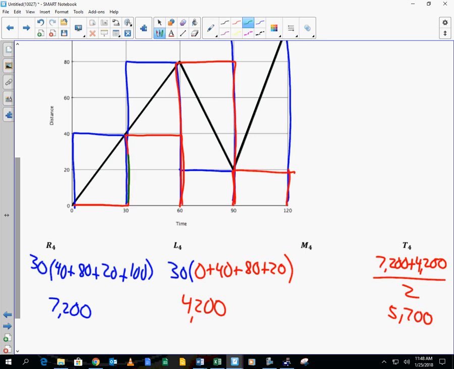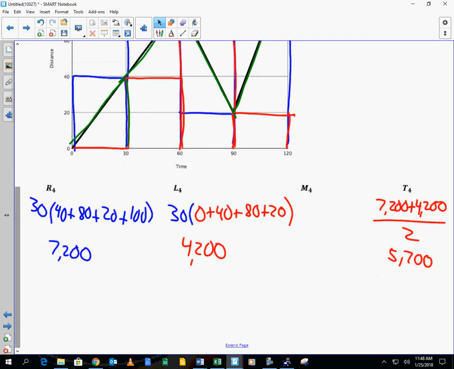Look at it. Yeah, in this situation, it is exact. It is exact. Okay, let's do the midpoint and see how that compares. But the trapezoidal is exact. You can see geometrically how that works out.